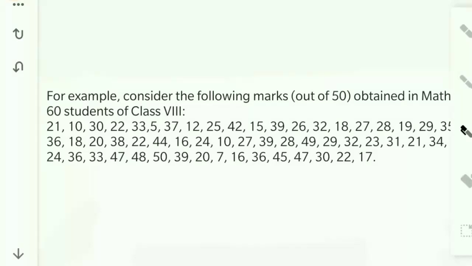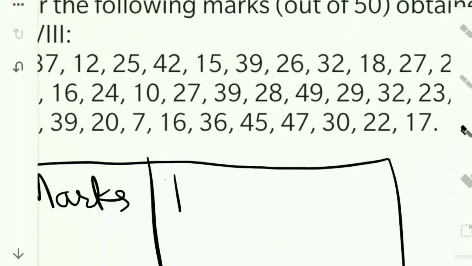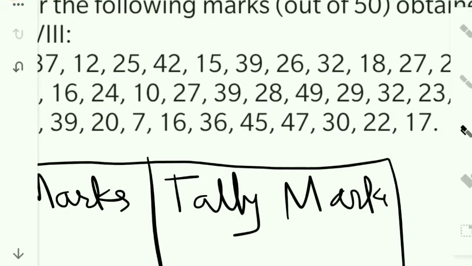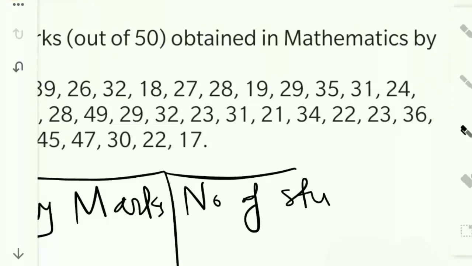Okay. So now to make this frequency distribution table, what we'll need is marks obtained, right? Then tally marks, and then last will be number of students, right?